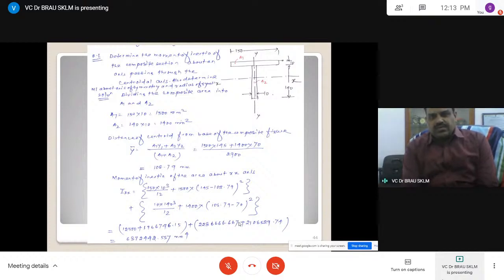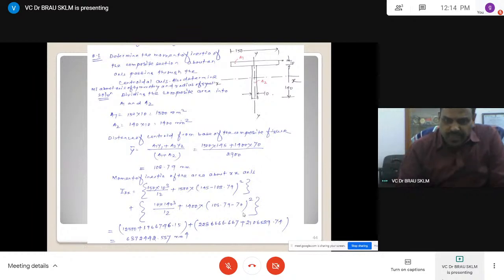So this is how we can find out the value of H, the centroidal distance of the common centroid. We already found that. This is H, this is H minus y, this is also H minus y.